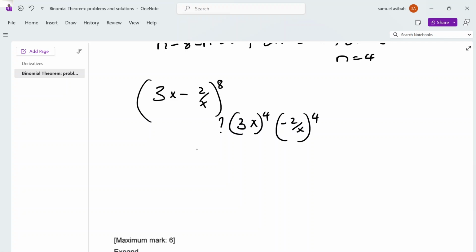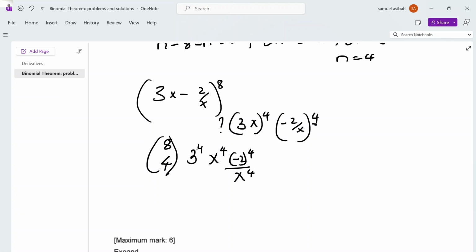So what do we get? We have 8 combination 4. In this case, we have 3 raised to 4, x raised to 4, then negative 2 raised to 4 over x raised to 4.